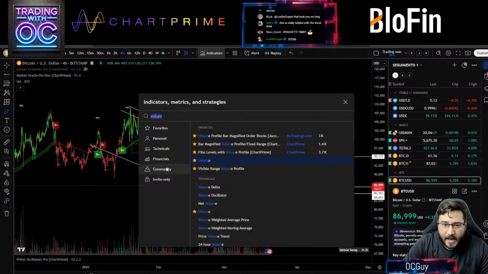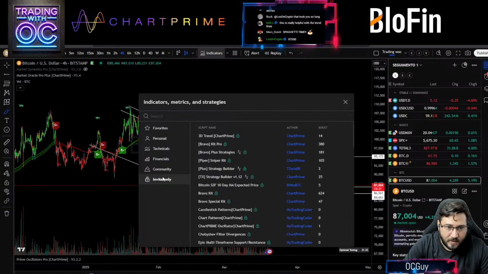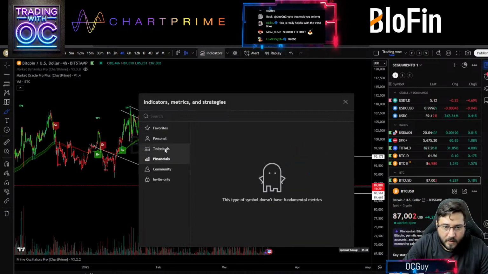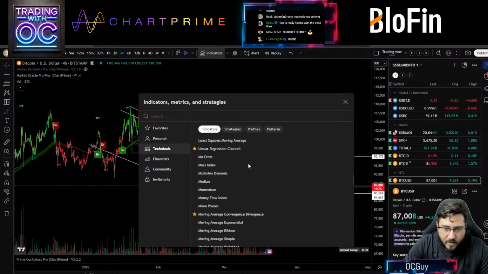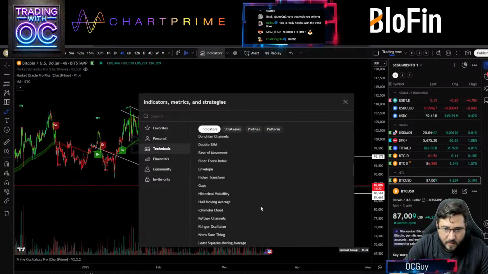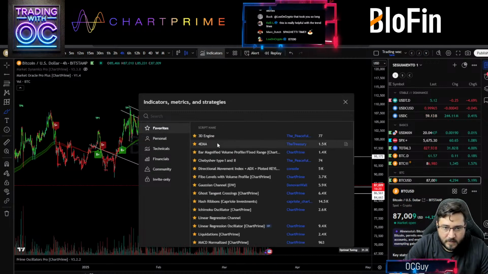Let's put it here. And then I add the VPVR, volume profile magnifier. Let me see, where is it? Technicals should be the VPVR. I have them in favorites.